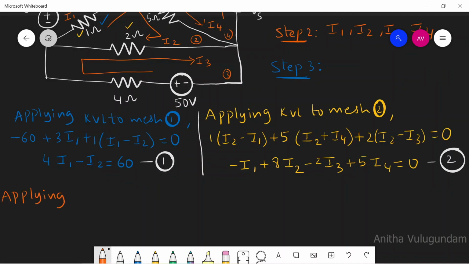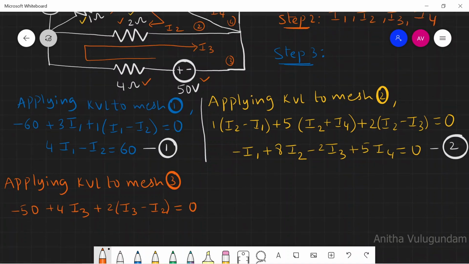Applying KVL to mesh 3. I'll start with 50 volts, then the voltage drop across 4 ohm, then the voltage drop across 2 ohm. Minus 50 plus 4 into I3 plus 2 into (I3 minus I2) equal to 0.